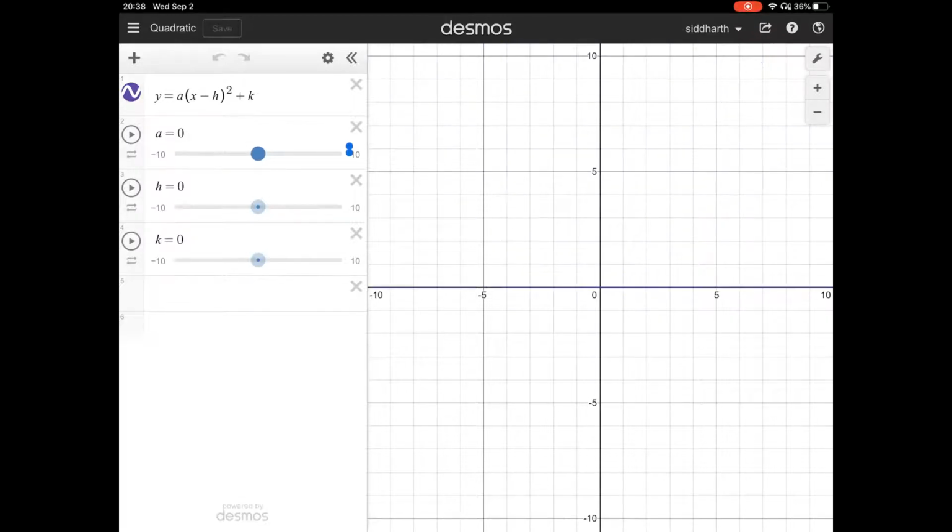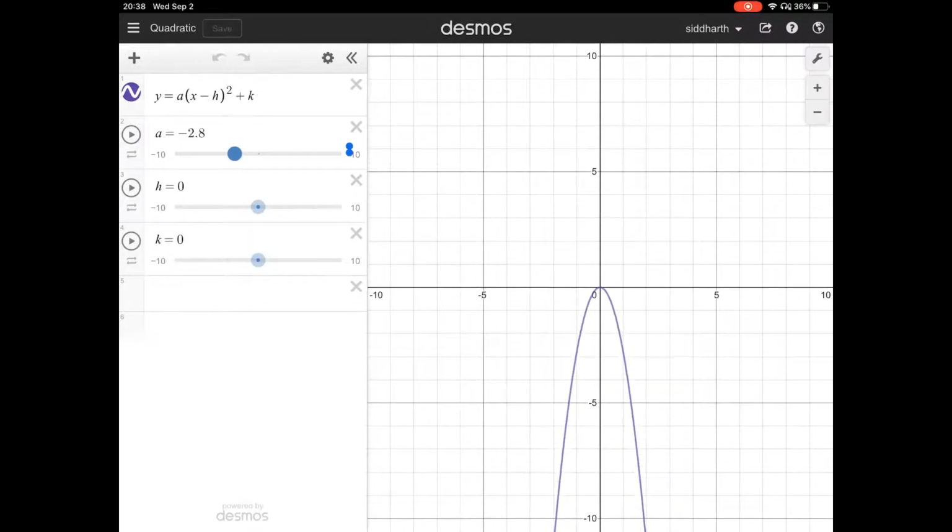When a is equal to 0, we get a straight line, because when we substitute it back in the original equation, we just get y equal to k, that's a straight line. And when I put a as negative, you can see that the graph is the same, but it's just facing in the opposite direction. Making a more negative makes the parabola narrower, and making a less negative makes the parabola wider.